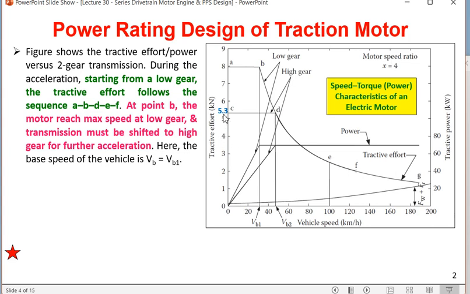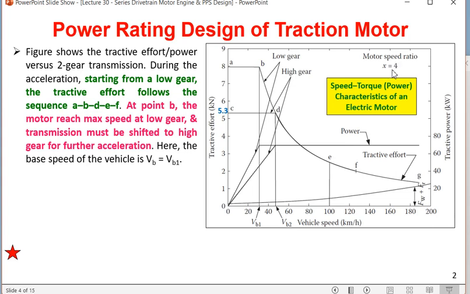So an increase in the base speed actually will reduce the initial tractive effort. So the AB or CD region is called a constant torque region. Then the BDEF or DEFG region is called a constant power region, which is also called the increasing speed region. In this case the motor speed ratio is x equal to 4.